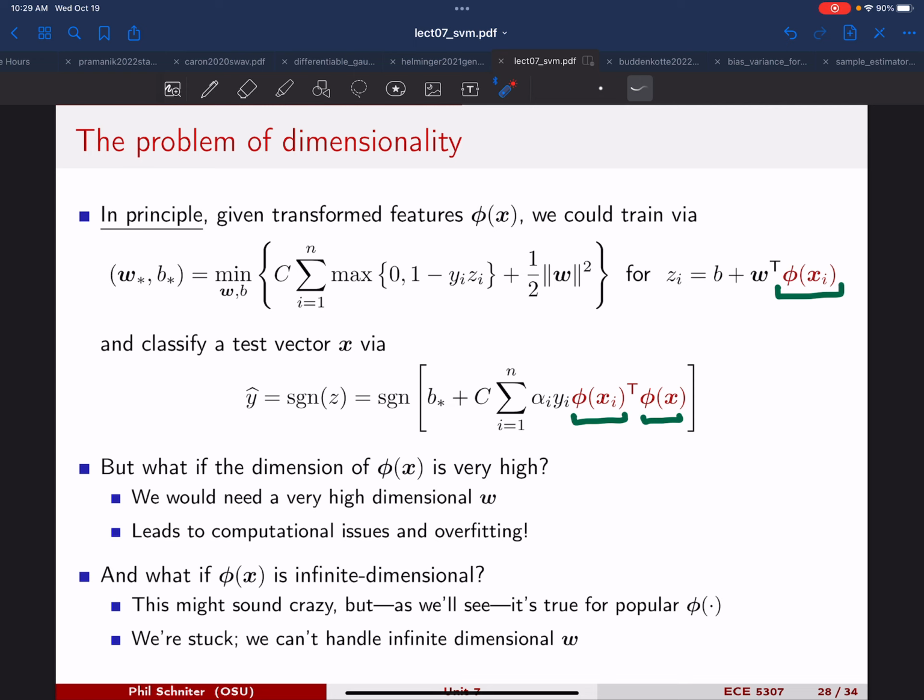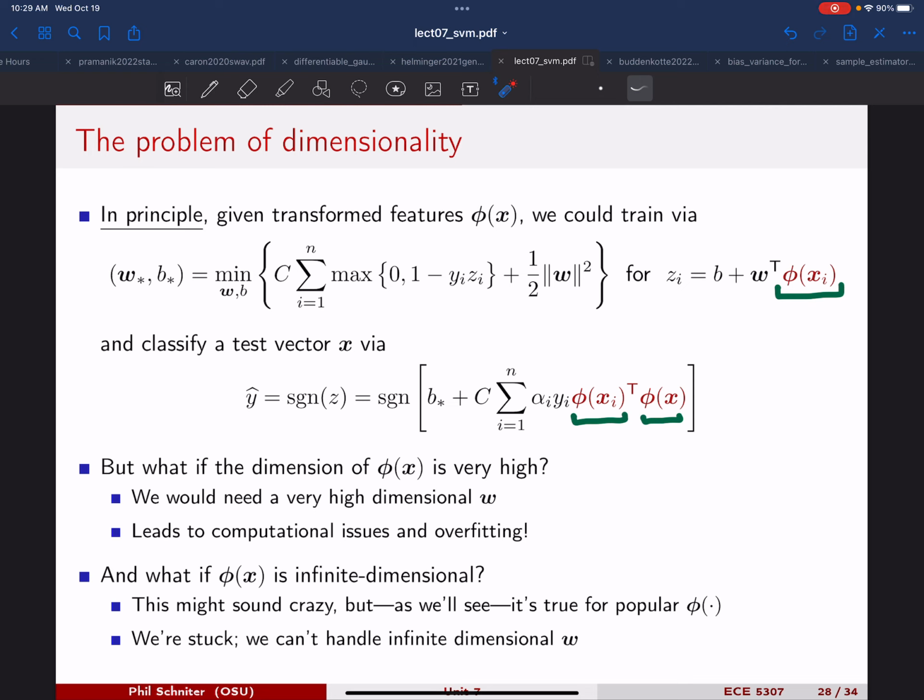We'd like to know if there's some other way around this. And there's a further problem. What if I want to use an infinite dimensional phi? That might sound kind of crazy, because why are we all of a sudden talking about infinite dimensional phis? But as it turns out, the method that's most popular actually does give us implicitly an infinite dimensional phi.